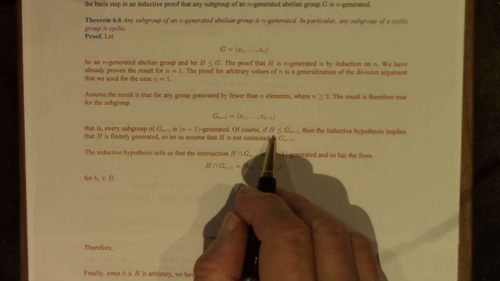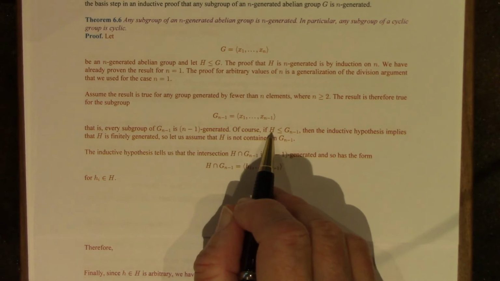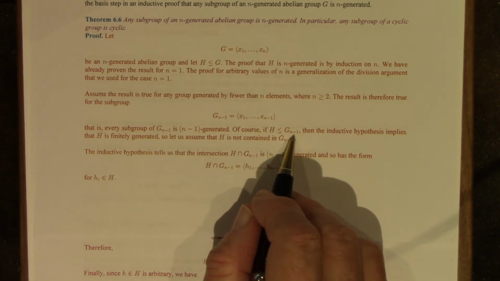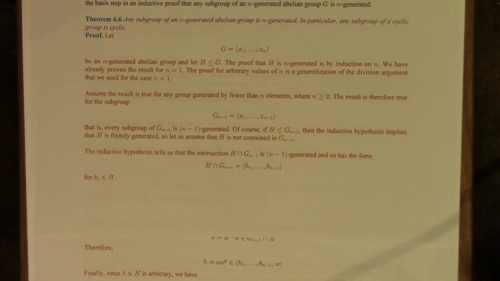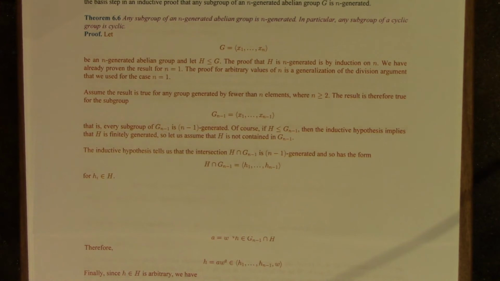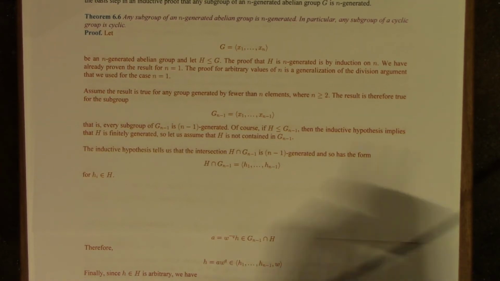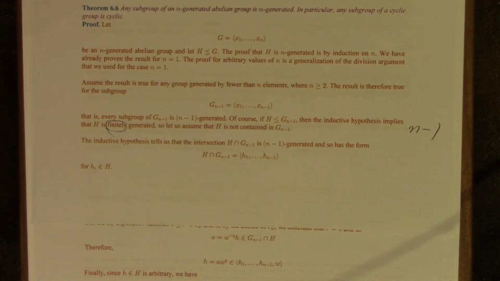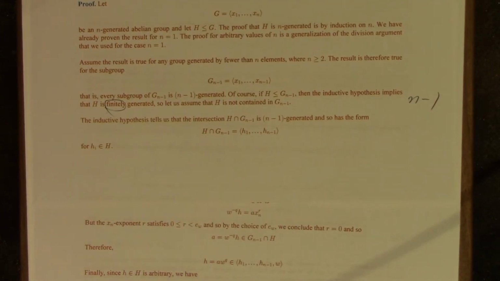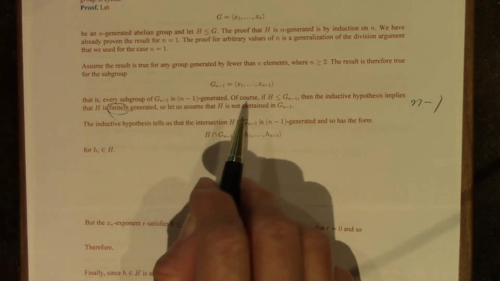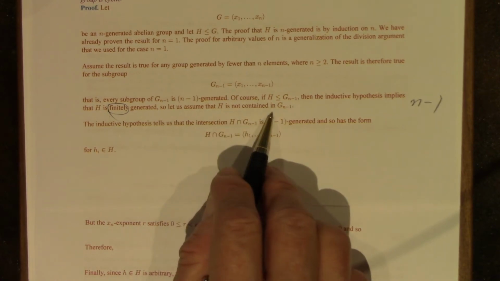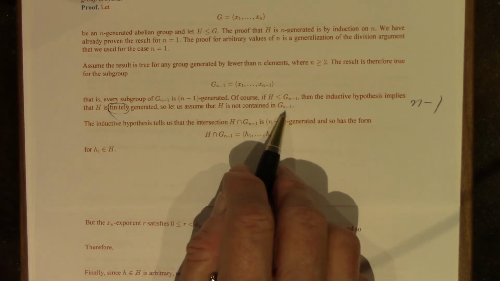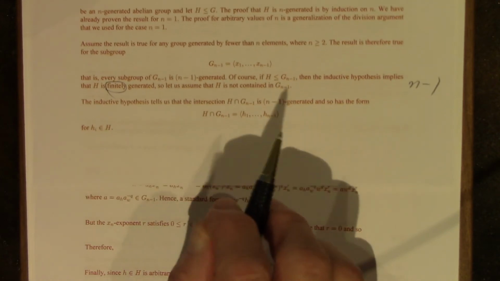Now, if we happen to be lucky and the subgroup H is completely contained in G_{n-1}, then the inductive hypothesis applies and H is finitely generated, or in fact n minus 1 generated. So we can assume then, or we must assume, that H is not contained in G_{n-1}.